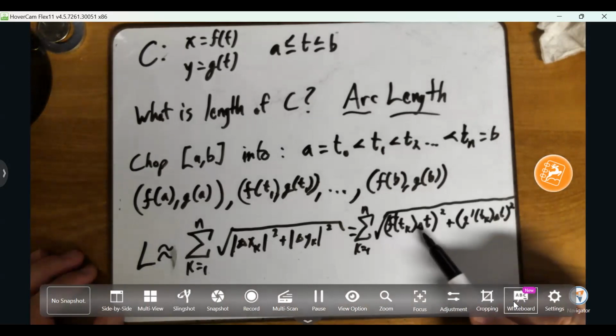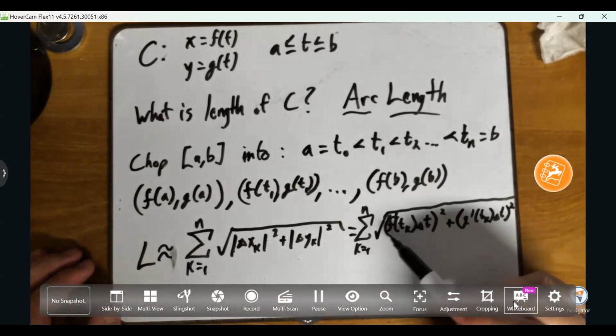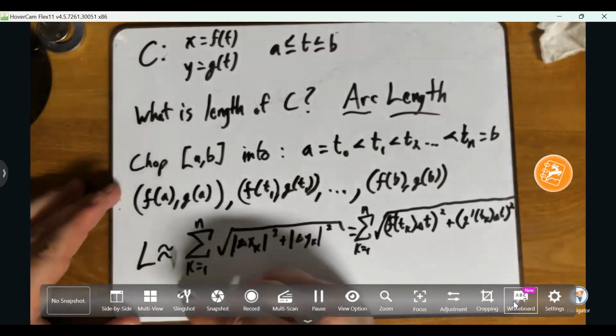So there's a delta t squared for both of these that I can factor out, take the square root of, and put that on the outside.